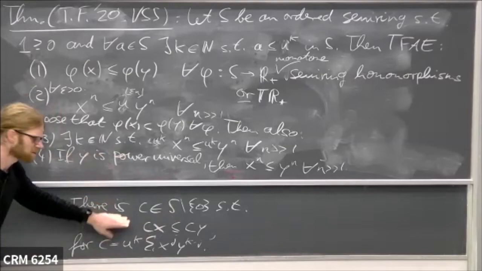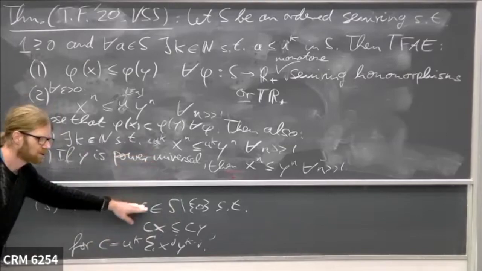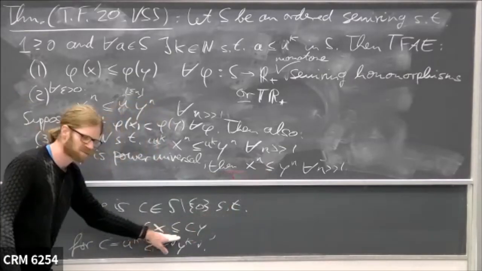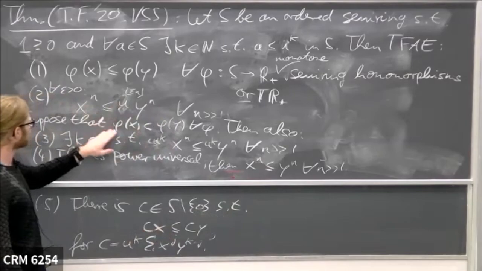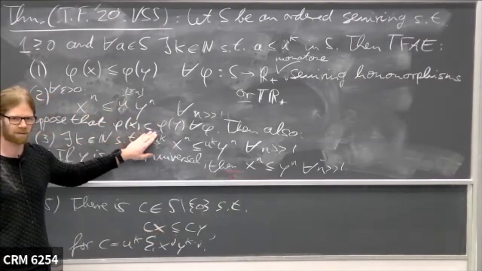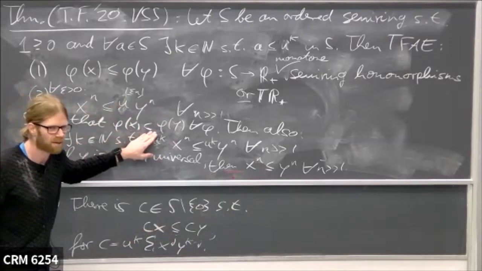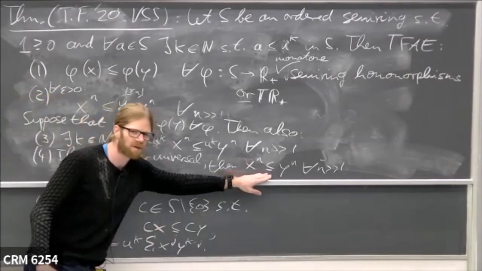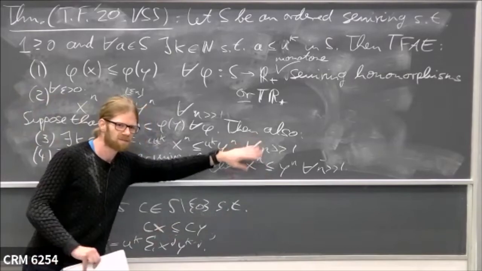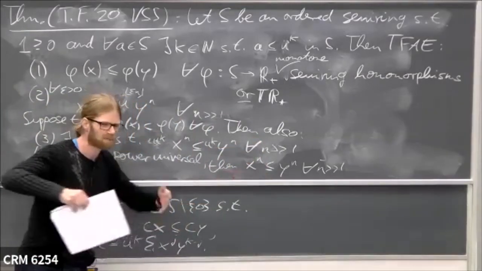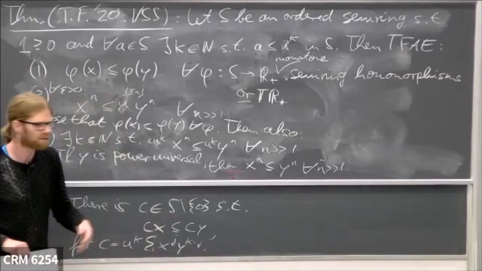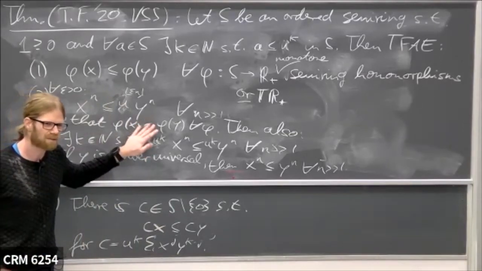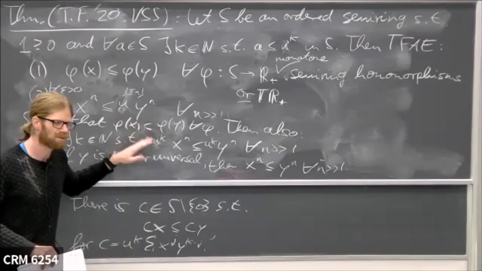And the converse, if this holds for any n, or if the catalytic ordering holds for any c, then we certainly got non-strict ordering at the level of the phi's, right? And that is kind of the trivial part. If you just have this sort of thing and you apply phi, since phi is a homomorphism, you can pull out the nth power and cancel it, and then you get a non-strict inequality. So this is the usual sort of theme.